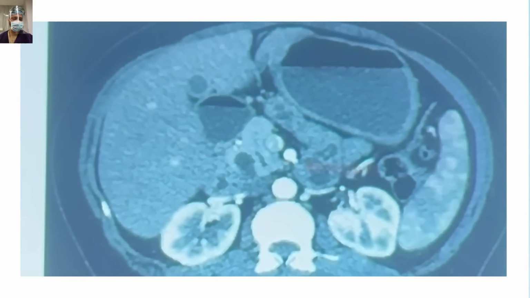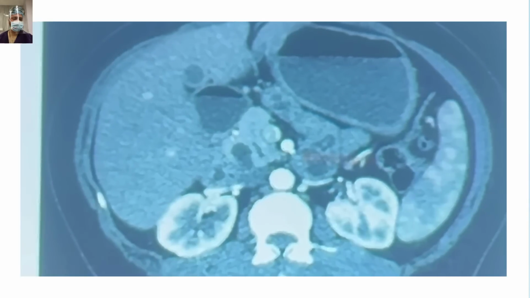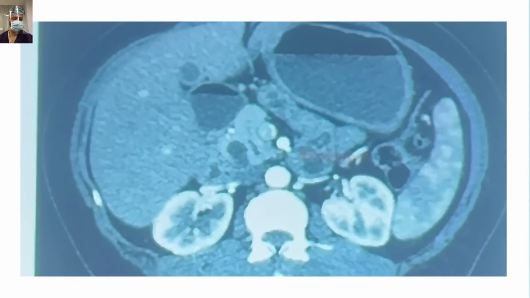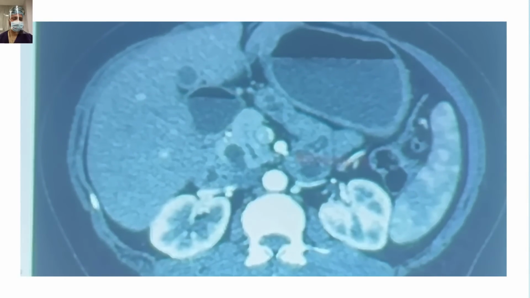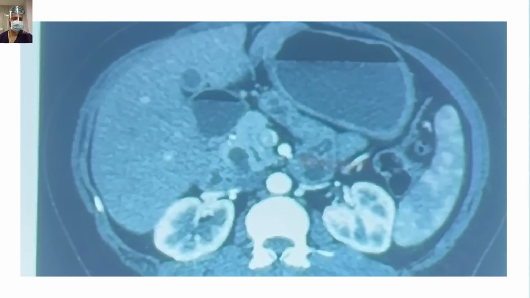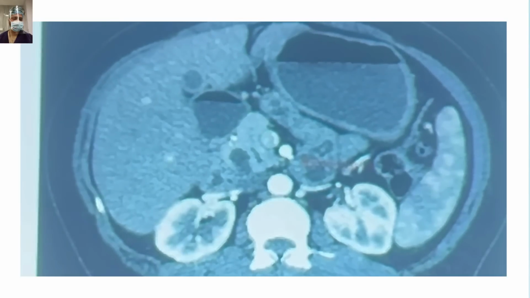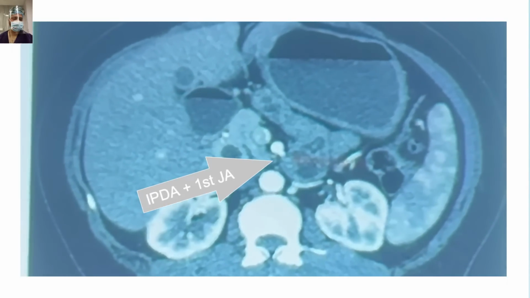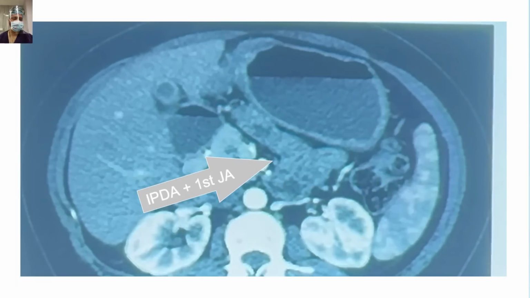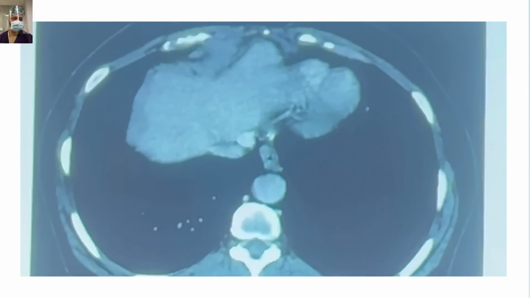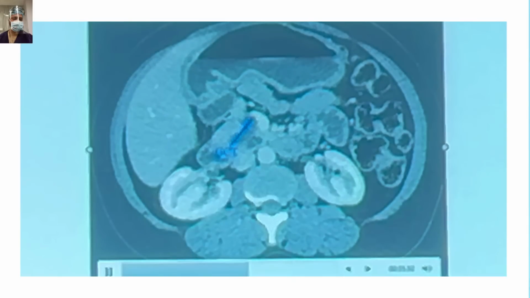The next arterial structure that we will analyze will be the inferior pancreaticoduodenal artery, and as I said, it is a direct branch from the SMA. In this case, it was arising as a common trunk with the first jejunal artery, from the SMA.